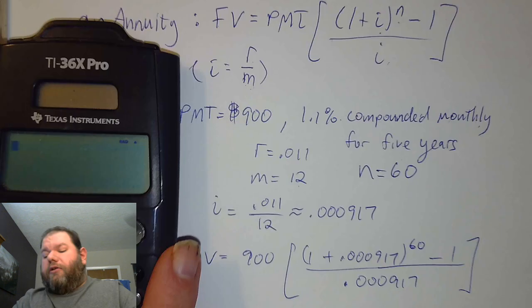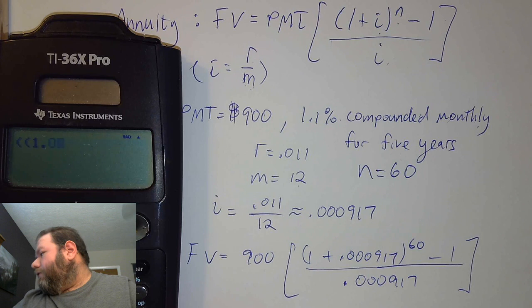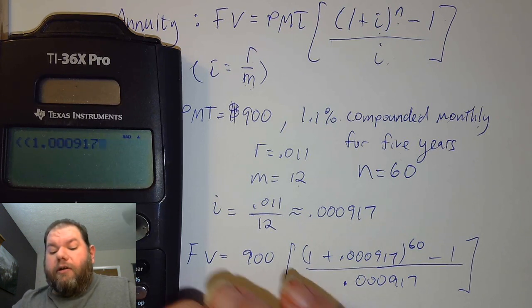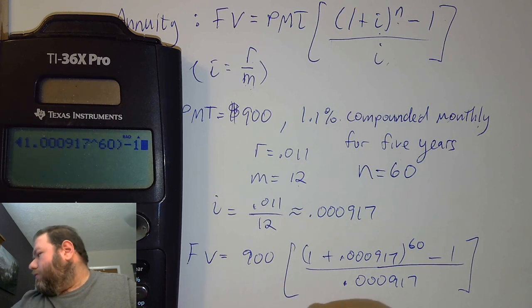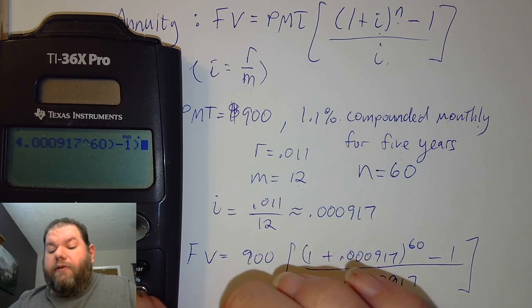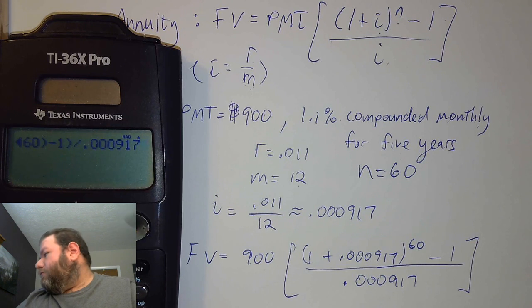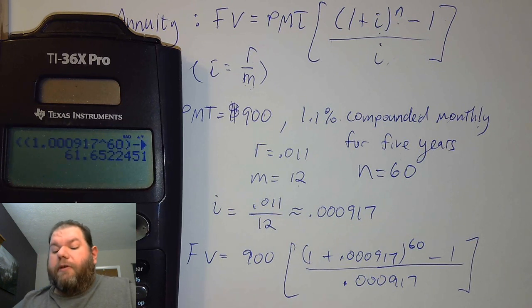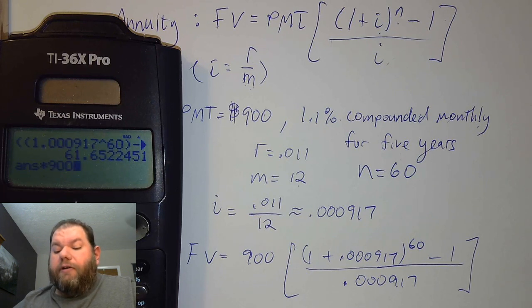You can do it step by step, but if you want to do it mostly all at once, I would open two parentheses, 1.000917 raised to the 60th power, subtract 1, close the second parentheses, and then divide by 0.000917, and then multiply that by the payment 900 in front.